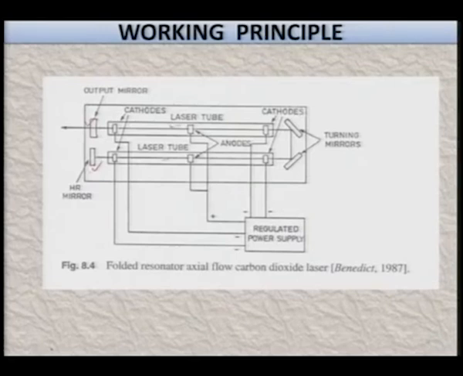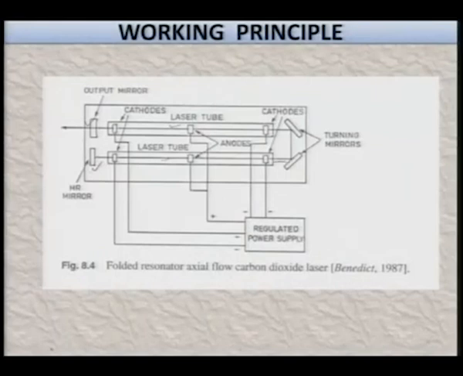Here you have the gas lasing medium in both the tubes, and photons are created and they come, and here are the two turning mirrors, and the light gets reflected from these two mirrors. When it comes from this tube, it gets reflected from this mirror and then again reflected, comes to the other tube, where again production of photons takes place, and finally a part of the photons comes out through the output mirror.